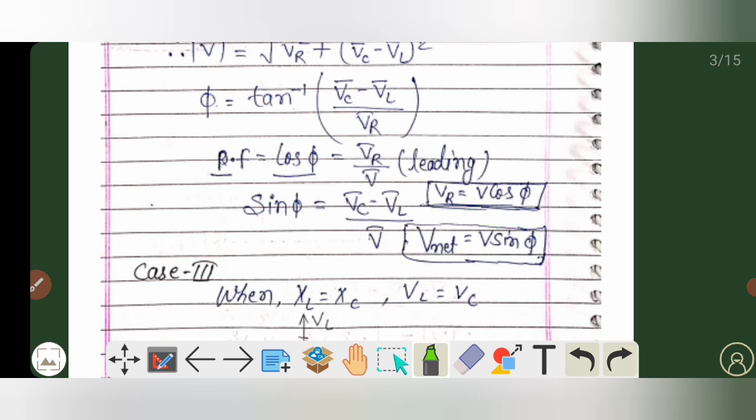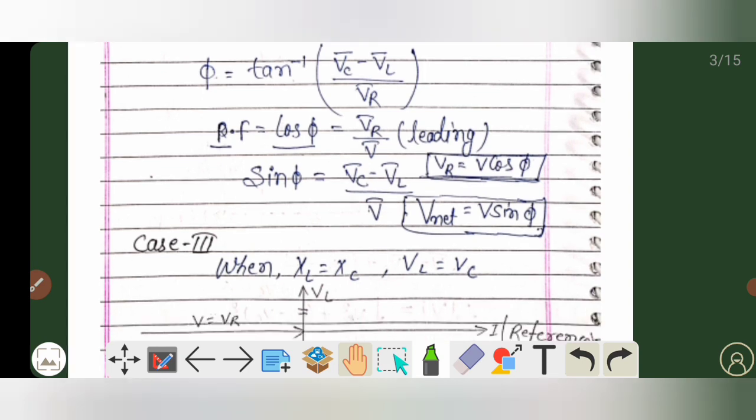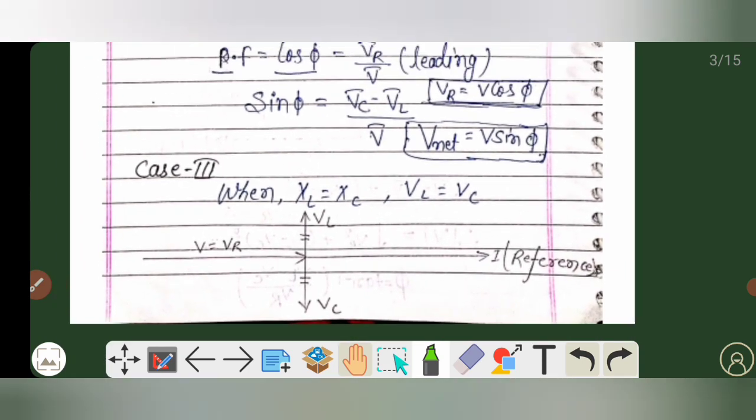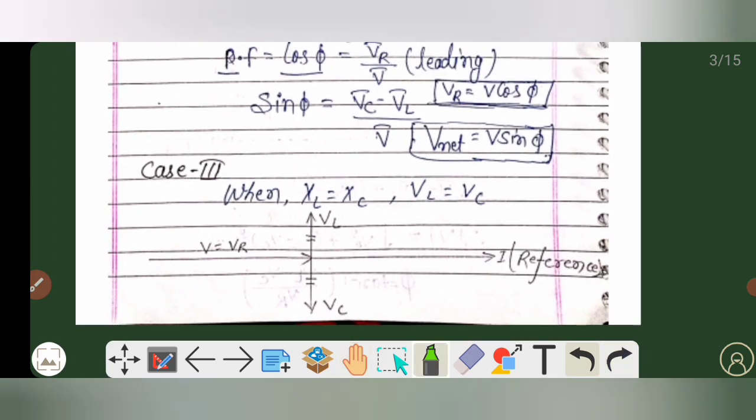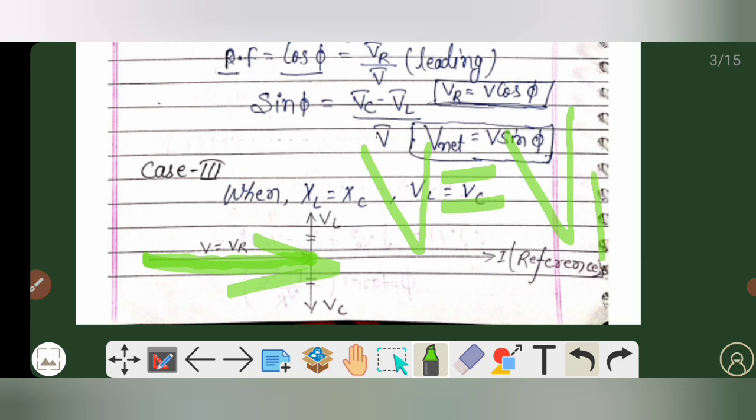Now the next case, my dear friends, is when XL is equal to XC, or we can say VL is equal to VC, as you can see here. In this case, if you want to draw the equivalent voltage, it comes out to be V. And as you can see from the diagram, V is equal to VR.